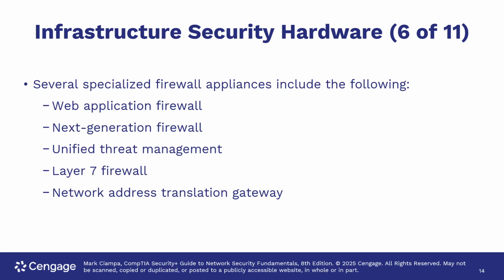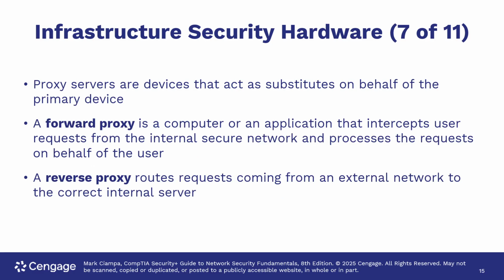Okay, several specialized firewall appliances, including web application firewall, next generation firewalls, unified threat management, a layer 7 firewall, and network address translation gateways. Okay, so you also have proxy servers. These are devices that act as substitutes on behalf of the primary device. I don't know if you remember American Online, and some of the others, they still use them.